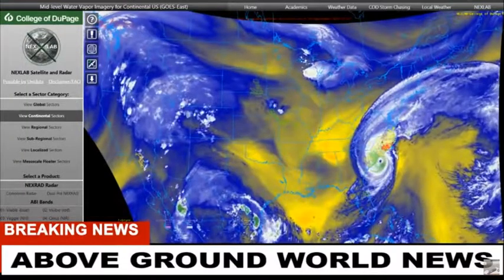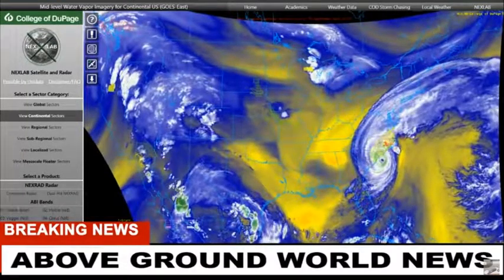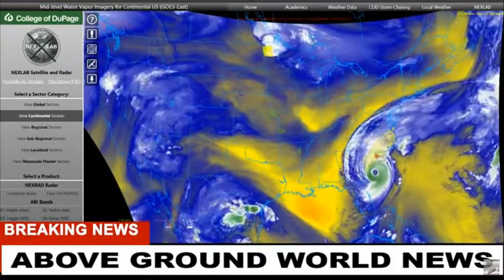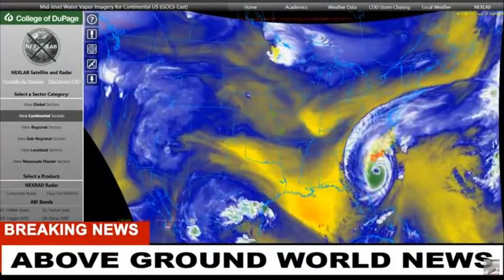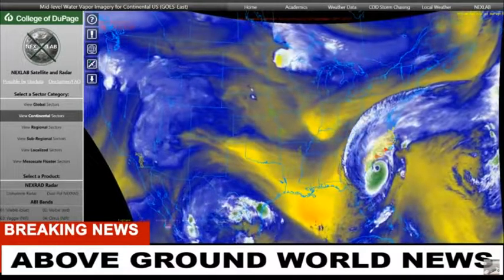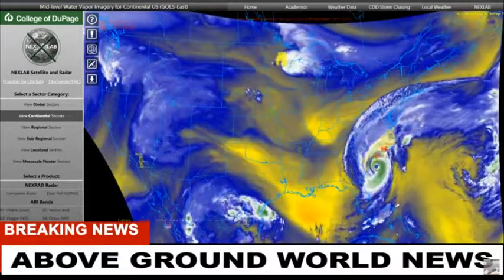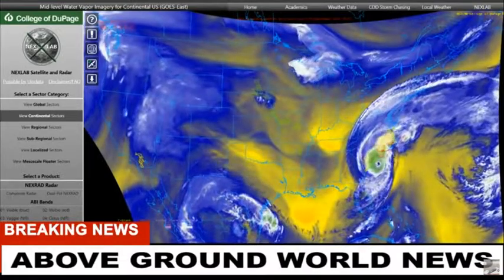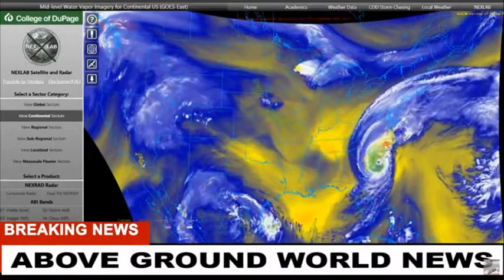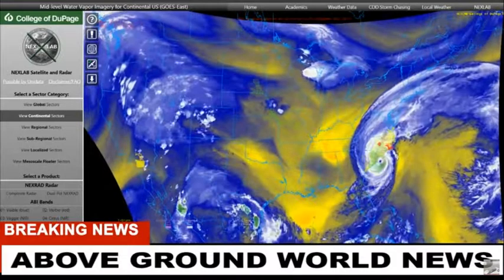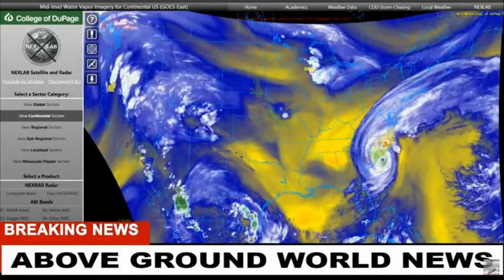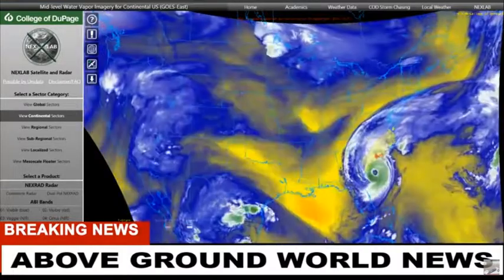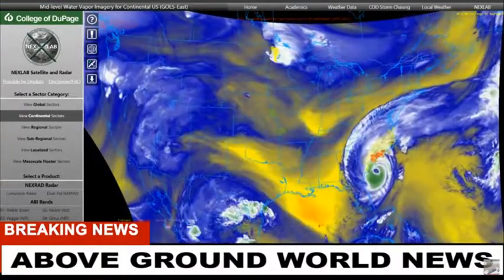Once you increase that difference between the inner band and the outer band, then the storm goes to your right, to the east. So you can actually manipulate the direction and the speed of the hurricane by how much difference there is between those two electrical charges of lightning.